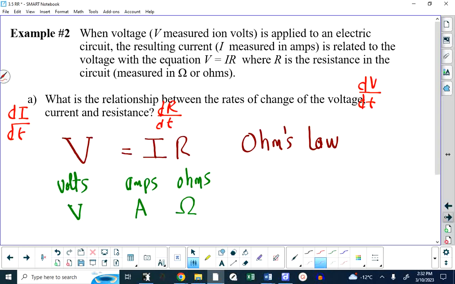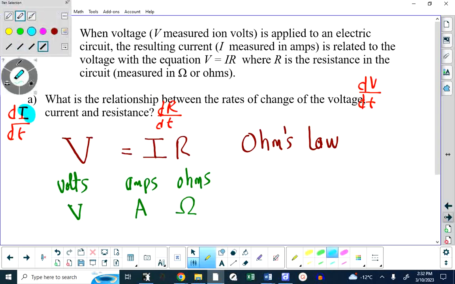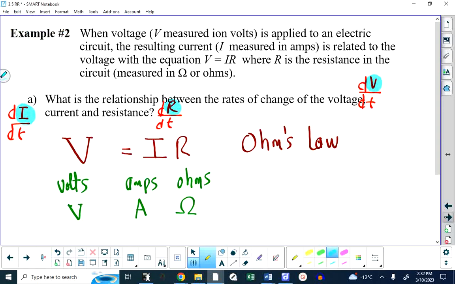Well, this goes to what I talked about a minute ago, which is that the three variables, listen carefully to the language I use because I'll use it all the time. The three variables whose rates of change we're interested in must be related. Those three variables are related by V equals IR.